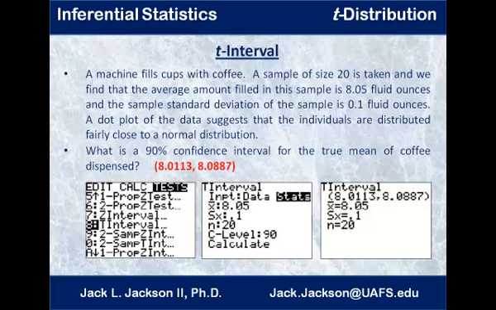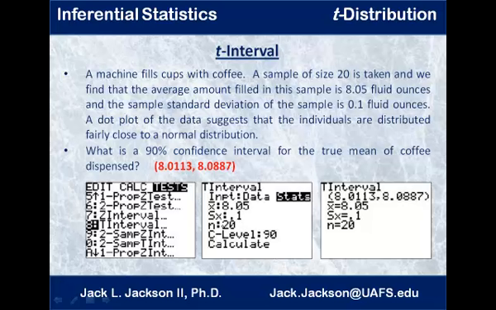I don't have an example of one of these in this particular lecture, but if we had a set of data, we could put that in our list, just like we do for the z-test. You can go to your list by going to Stat, Edit, and put in L1 all of your data. Come back and then hit Data here instead of Stats, and it will compute x bar and S from the sample.